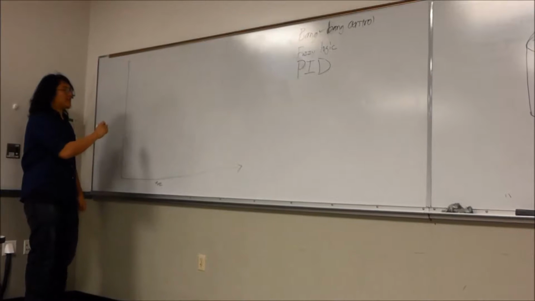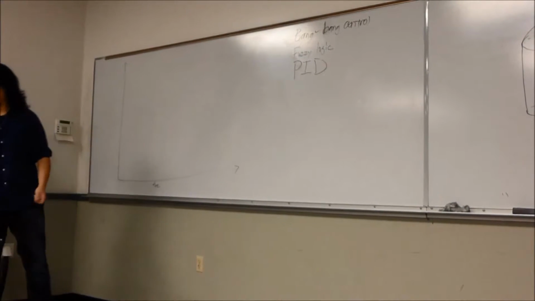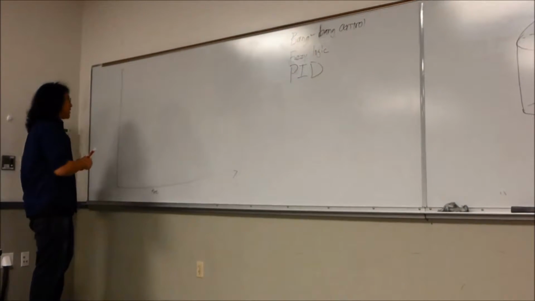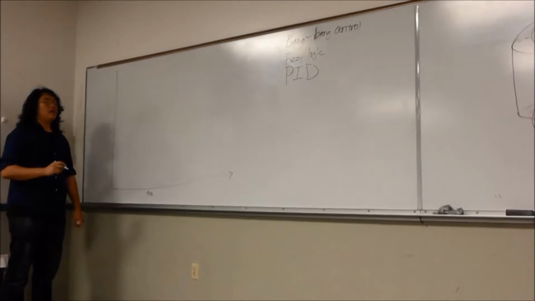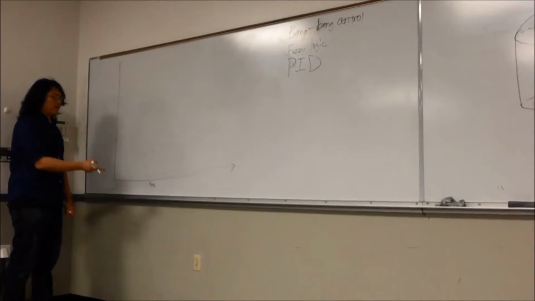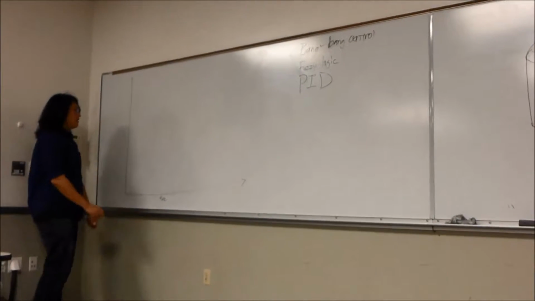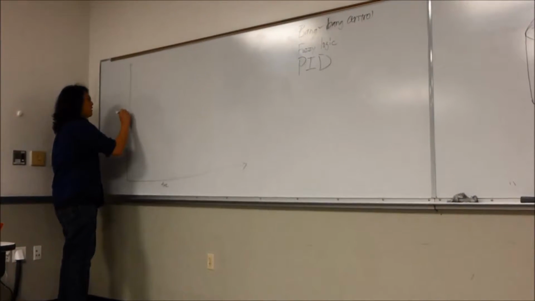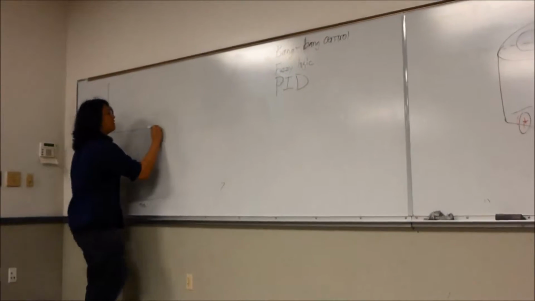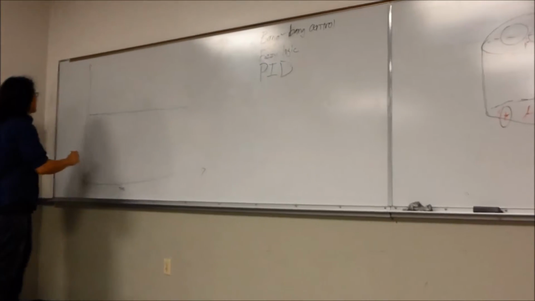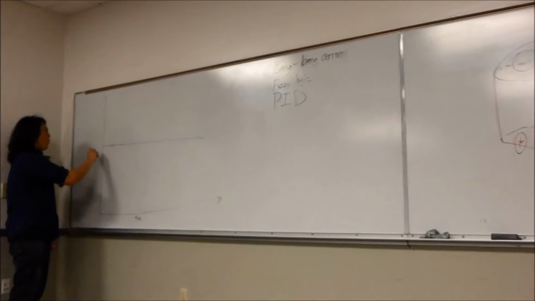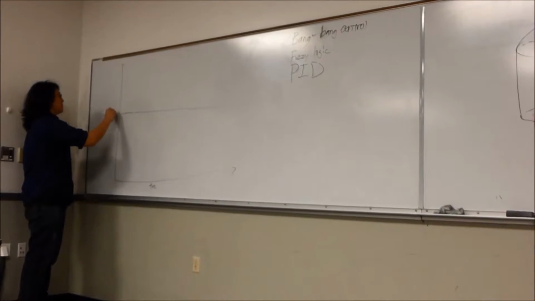I'm not going to label this axis. Let's say I am the Region 5 robot and I want to follow this wall very smoothly and nicely, right? I'm going to say I want to follow it within 10 centimeters.